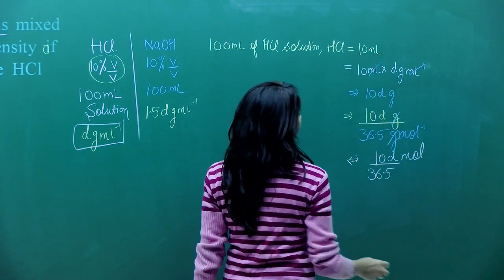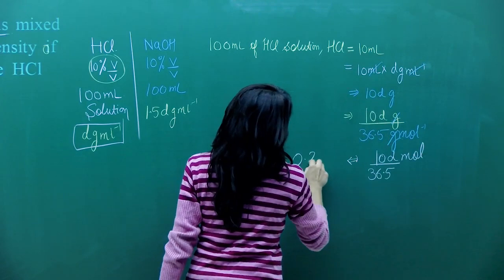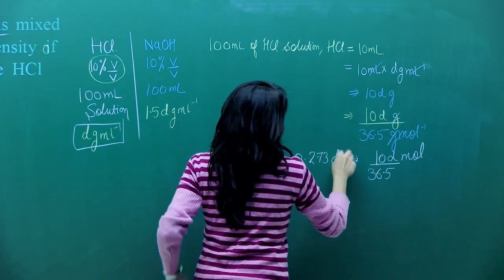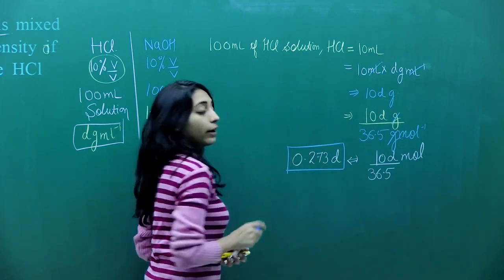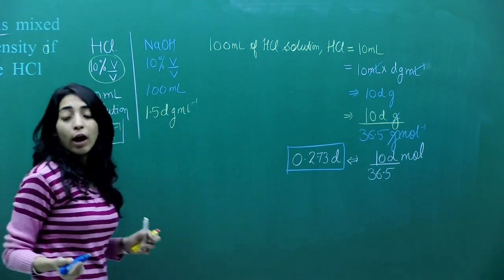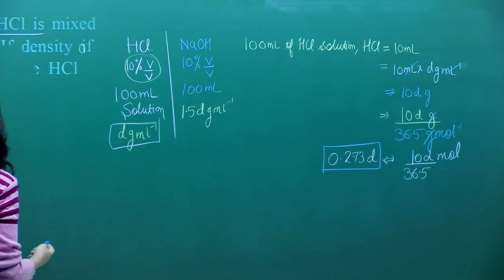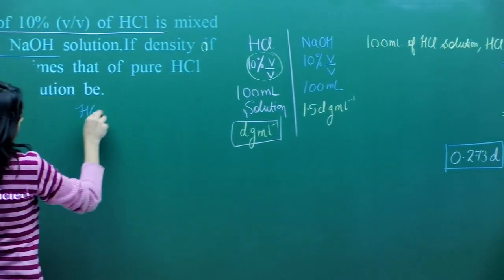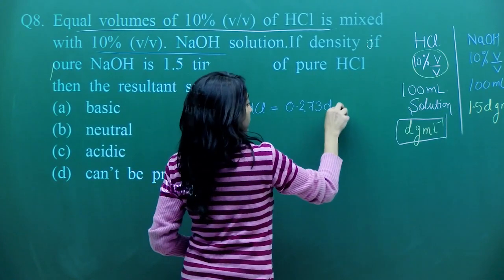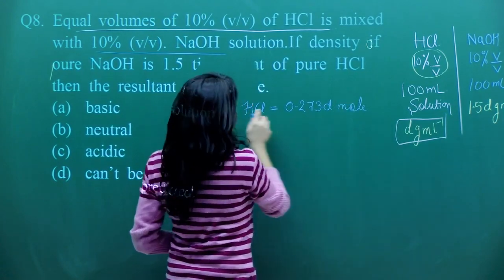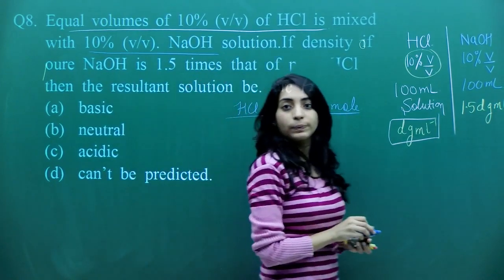And if you solve it, the answer will be something like 0.273 d moles. So how many moles of HCl are there? 0.273 d. Okay, point number 1, I am noting it down.